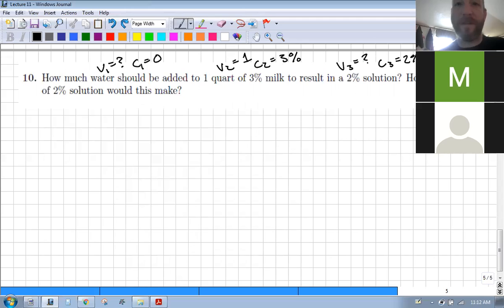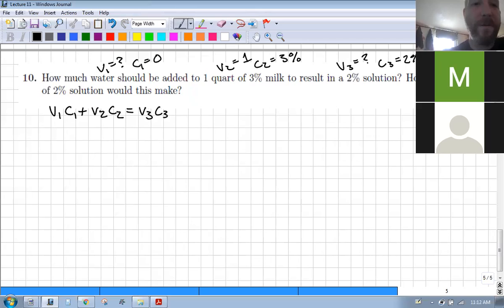So there's 6 variables here, right? V1, C1, V2, C2, V3, C3. But we have 2 unknowns. But we can solve them because we have 2 equations, right? We have V1 C1 plus V2 C2 equals V3 C3.